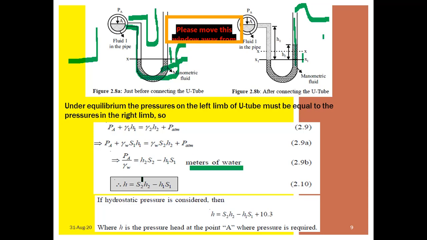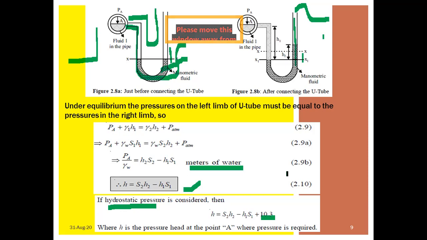Therefore H is equal to S2 H2 minus H1 S1. Therefore the pressure head is equal to S2 H2 minus H1 S1. If you are considering the hydrostatic pressure, then H is equal to S2 H2 minus H1 S1 plus 10.3. Whenever you are using the hydrostatic pressure, you have to add 10.3 to the actual formula, right?